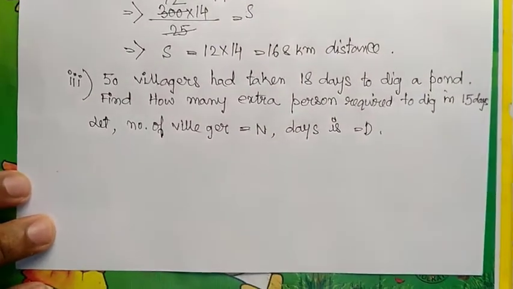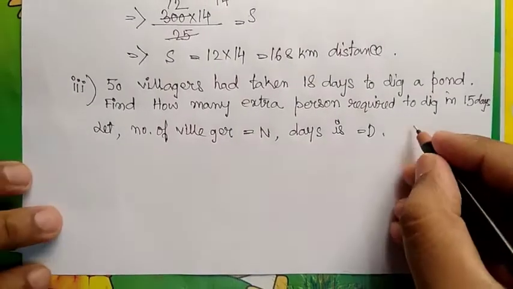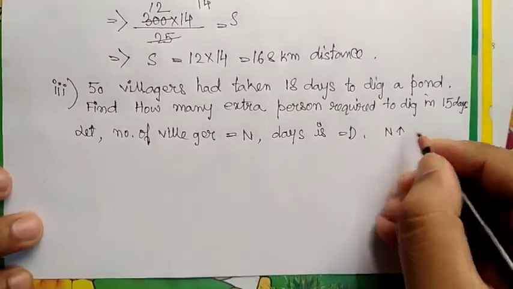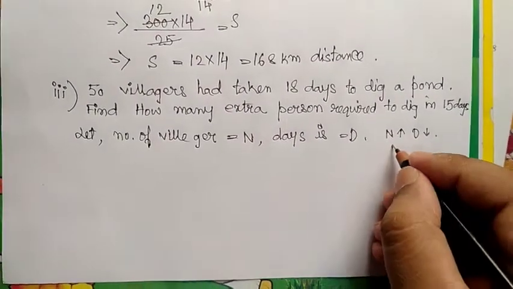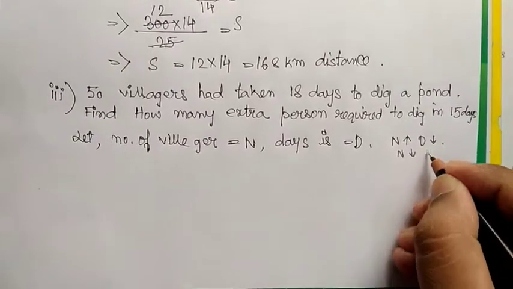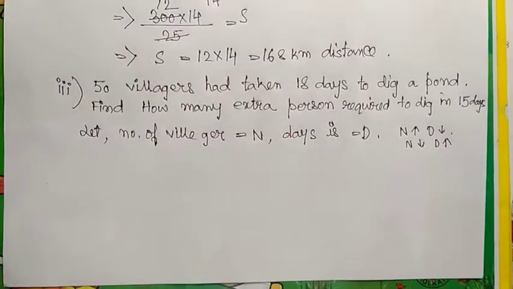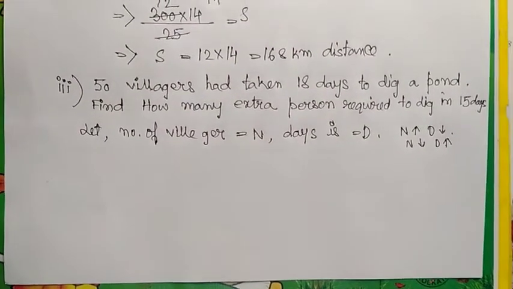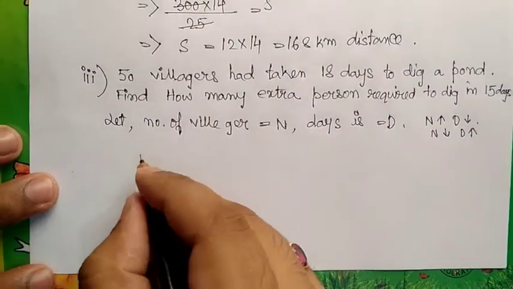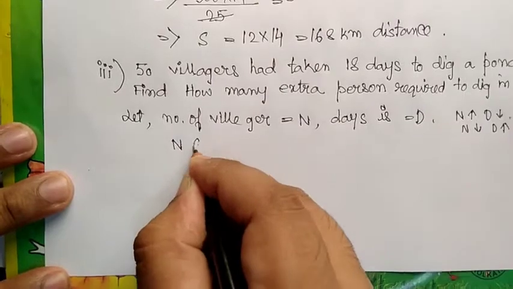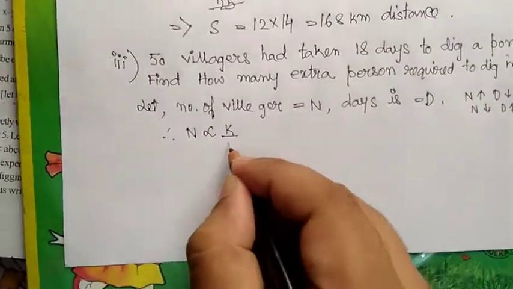Now we know that if number of villagers increases, if n increases, therefore the d decreases, and if n decreases, d increases. This is vice versa. So therefore, in this sum, we have to deal with the inverse proportion. So therefore, we can write it as k by d.